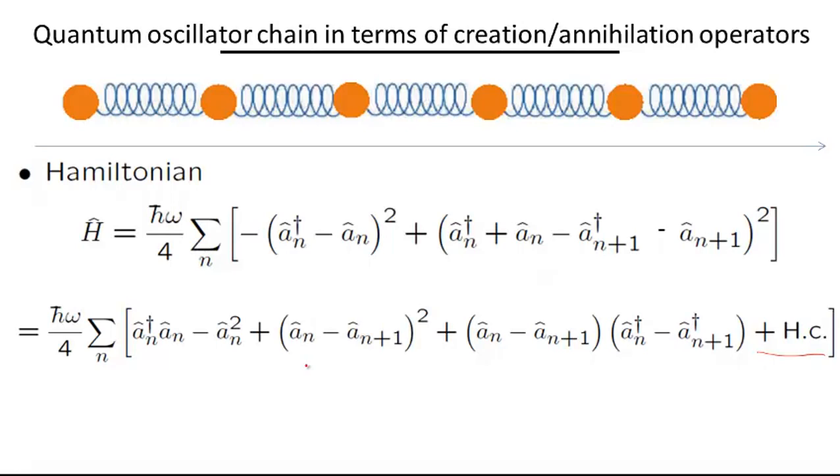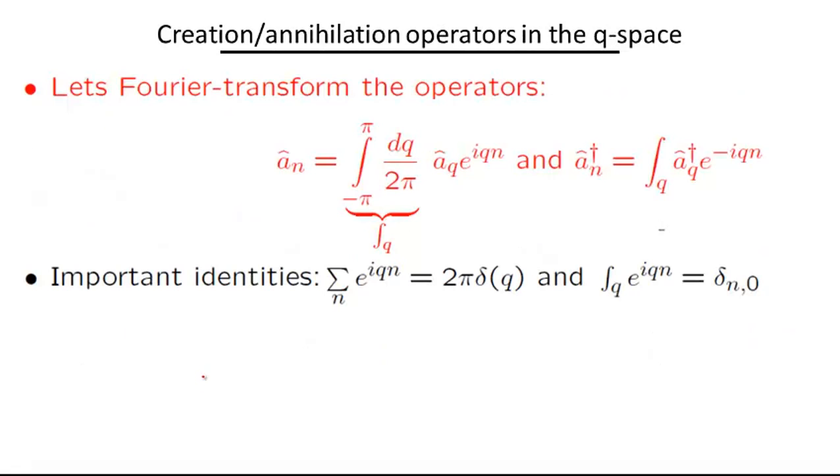In order to solve this Hamiltonian in the way I just described, that is, to find a new set of operators that simplifies the form, just like in the classical case, it's convenient to perform a Fourier transform. But now it's going to be a Fourier transform for the creation and annihilation operators themselves. What we have here is a representation of the annihilation and the creation operators in terms of some other operators, a sub q and a sub q dagger.